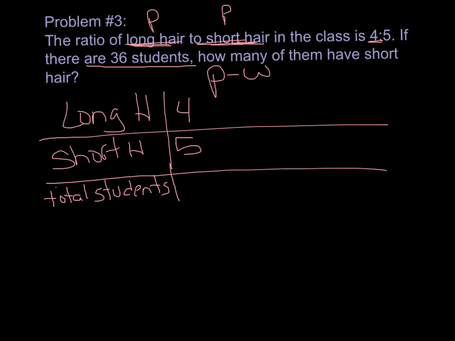So let's start filling this table in. I know if I have 4 students with long hair and 5 students with short hair, that gives me a total of 9 students.